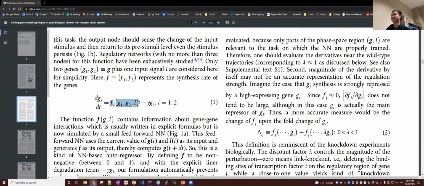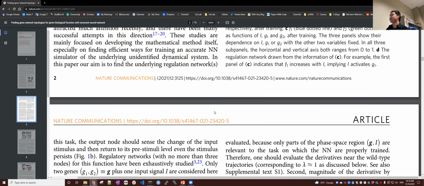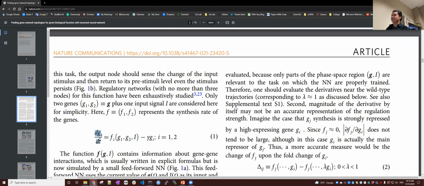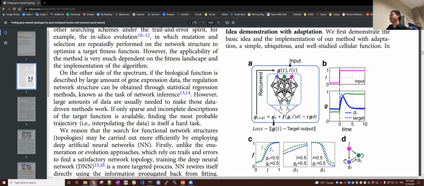But here F is unknown, and the author defined this F as a neural network. So F is a neural network with some parameter theta, and its input would be G1, G2, and I. That's the main idea. As you can see, here is the first order derivative of G with respect to time t. So the idea is that you rewrite this ODE like this.